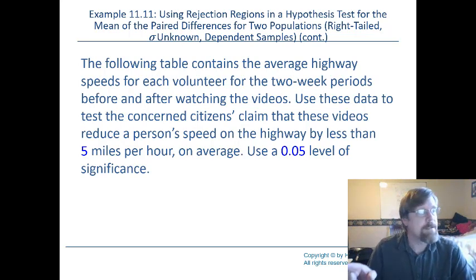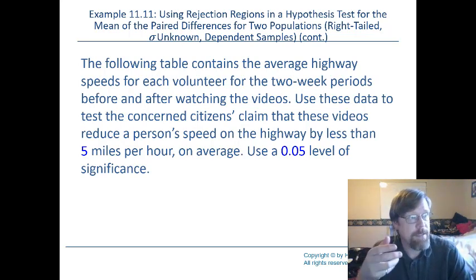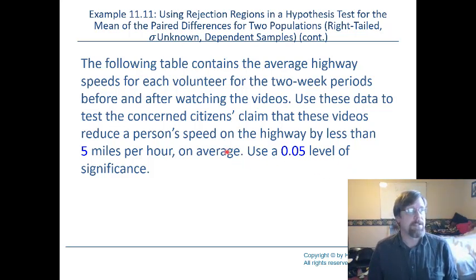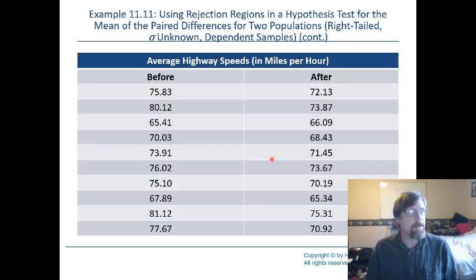So we've got a table in the next slide of the data for this. We want to test the claim that the videos reduce the person's speed by less than 5 miles per hour on average to a 0.05 level of significance. Okay, so here are our 10 students. There's before speed, after speed, before speed, after speed.